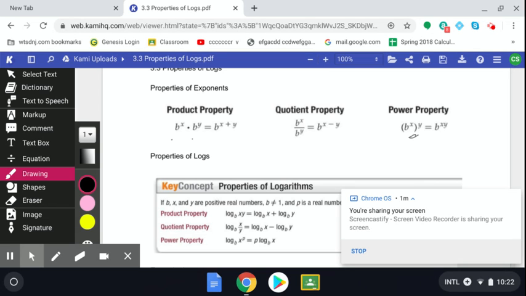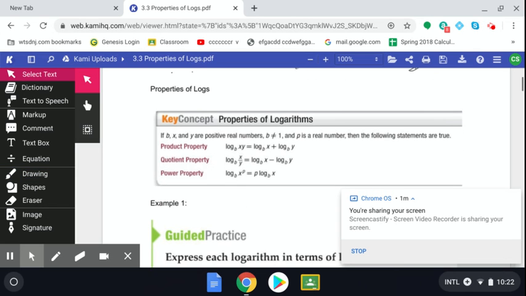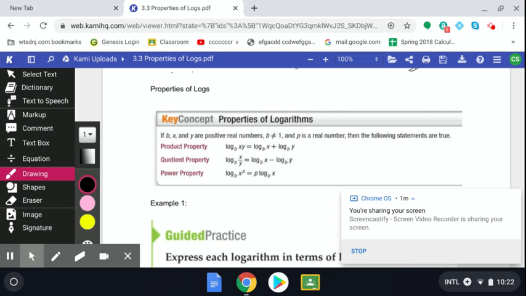All right, so now very similar properties apply for logs. As you can see here, I took this right out of the textbook. The product property says that log base b of xy can be rewritten as log base b of x plus log base b of y.